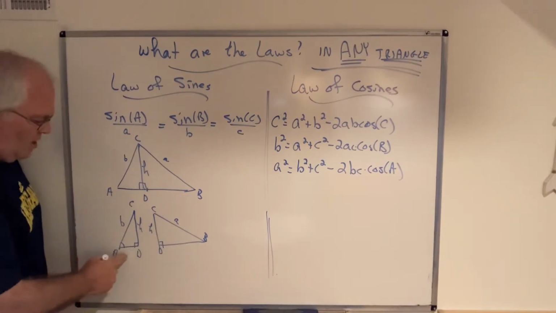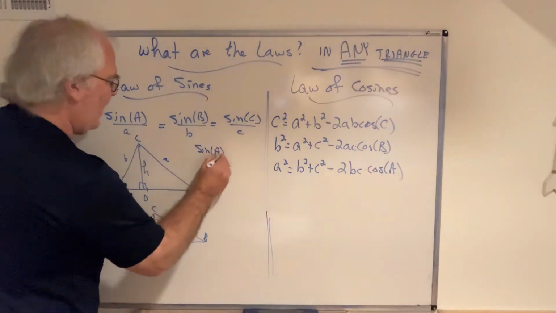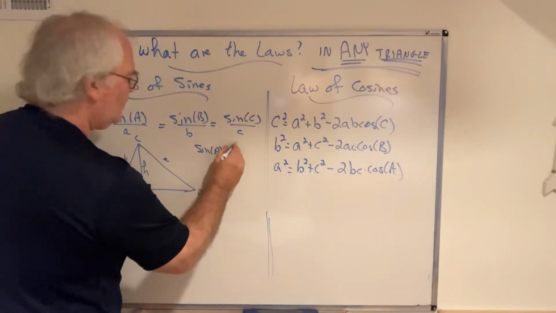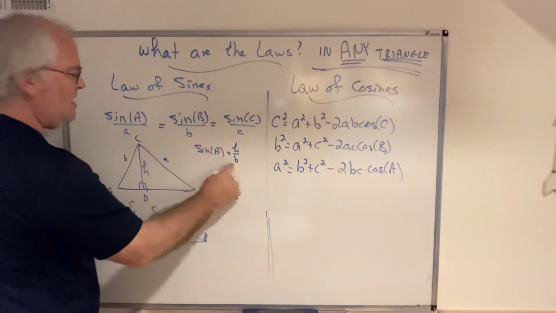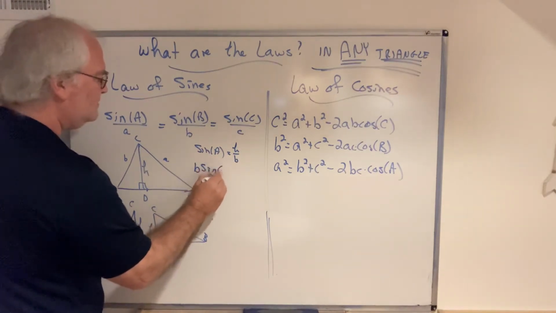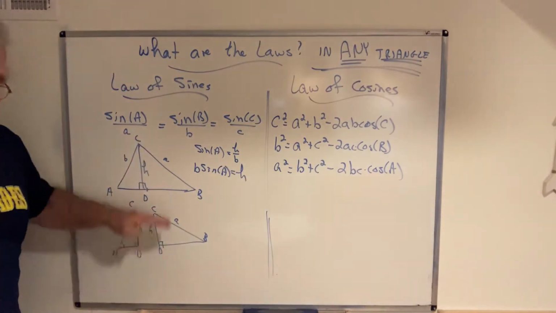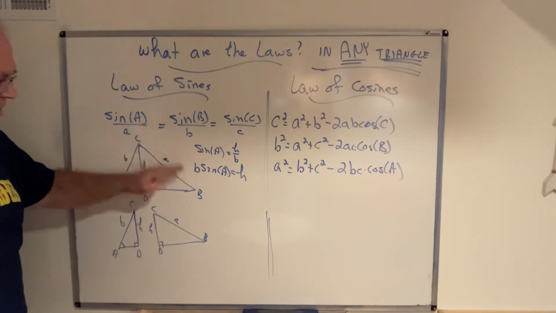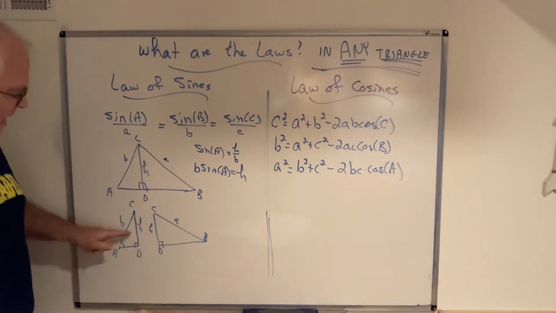So in the triangle on the left, we do know that sine of angle A is opposite over hypotenuse. Multiply both sides of this equation by b, and we get b times sine of A is equal to H. What I'm doing here, you do not need to be able to reproduce. I'm just showing you where this rule comes from. Okay, so that's true for this triangle.